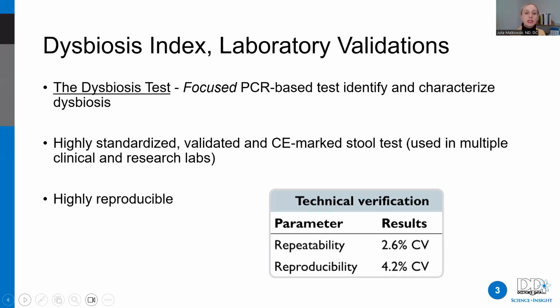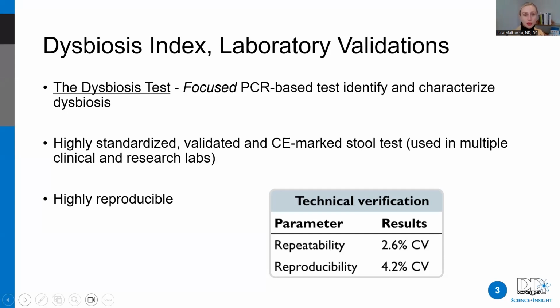One of the key points of GI360 is what's called the Dysbiosis Index. We are looking at about 45 different bacterial analytes that have been shown to distinguish a healthy gut, the normobiotic or eubiotic gut, from the dysbiotic gut that is associated with IBS, IBD, obesity, and diabetes.